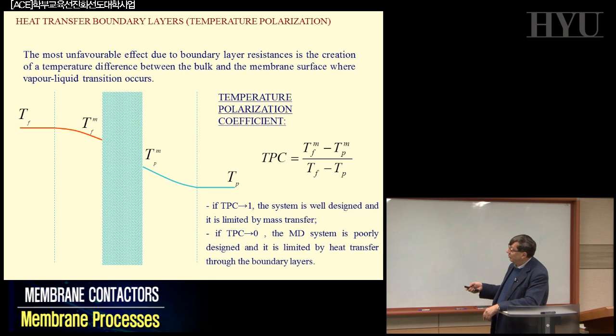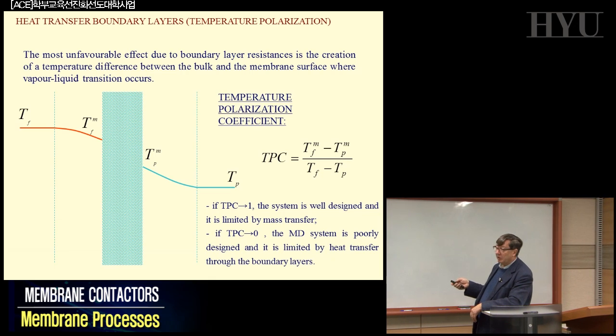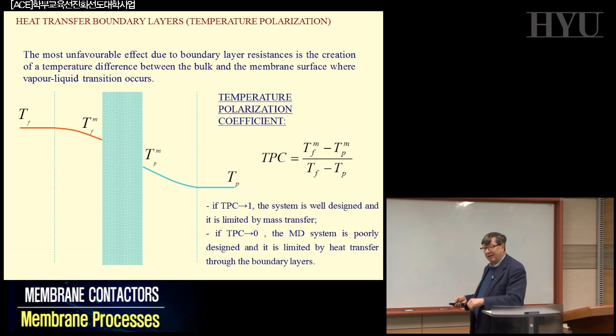So also in this case, you can define a temperature polarization coefficient, exactly in the same way that we have been defining a concentration polarization coefficient, but this term in temperature now has to be considered carefully, and that can be one of the terms that is going to kill your product.